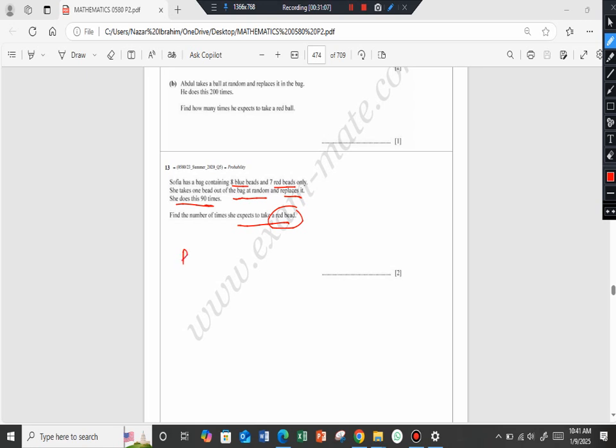That is 7 upon the total, 8 plus 7, which is 15. Now using this probability, 7 upon 15, and doing this event 90 times, x is equal to 7 multiplied by 90 upon 15. 15 sixes are 90, 7 sixes are 42. So you can expect to take a red bead out 42 times.